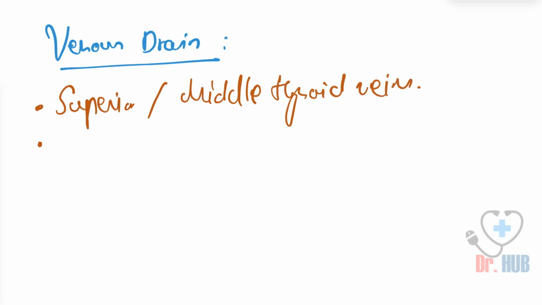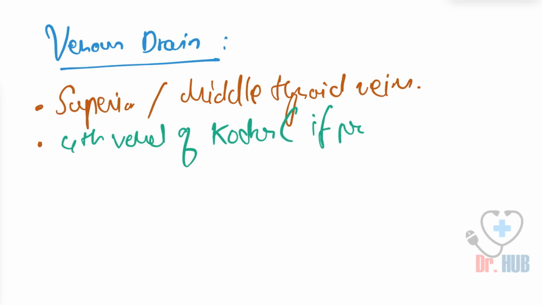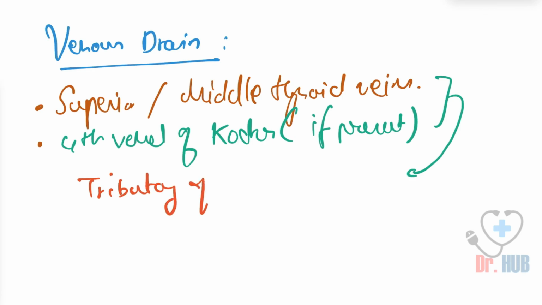And then it also includes the fourth vessel of Kocher, if present. For both of them, the origin is a tributary of the internal jugular vein, that is the IJV.